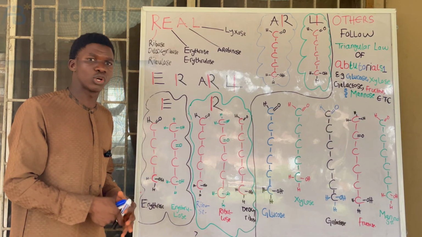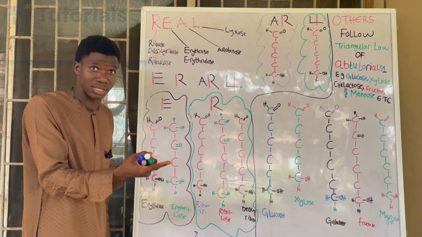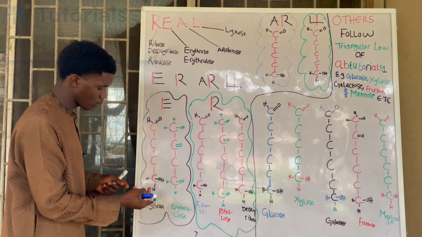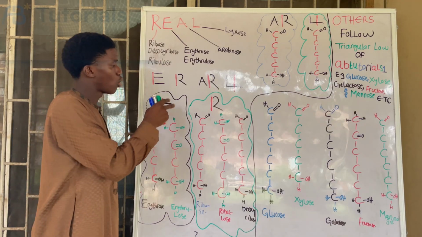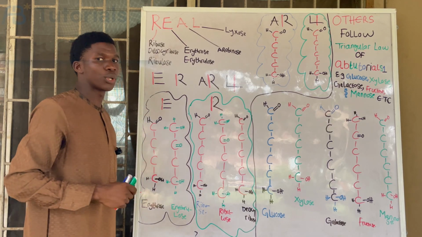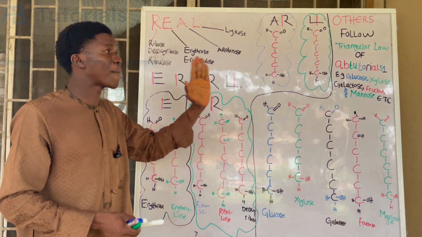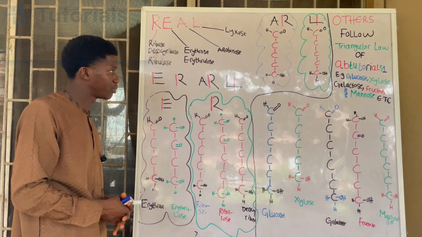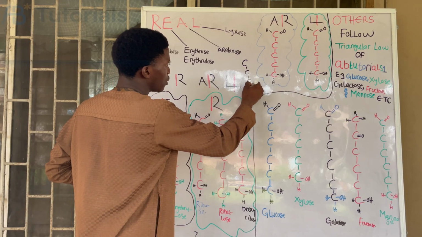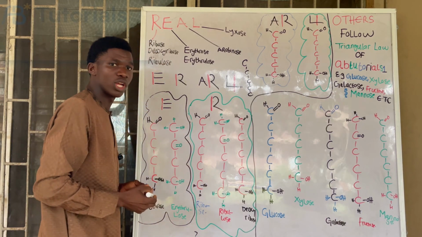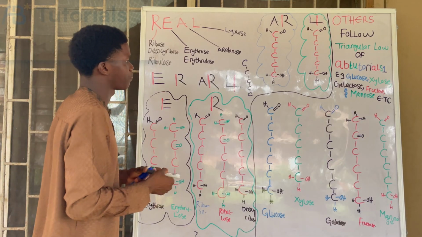So what is it called? For the aldoses, do you know how you are going to cover your chain? Okay, one thing about the structures of the REAL and others, all of them: after drawing your carbon chain, like let's take for instance your carbon chain, 1 2 3 4 5, the first thing you have to do is to put your functional group.